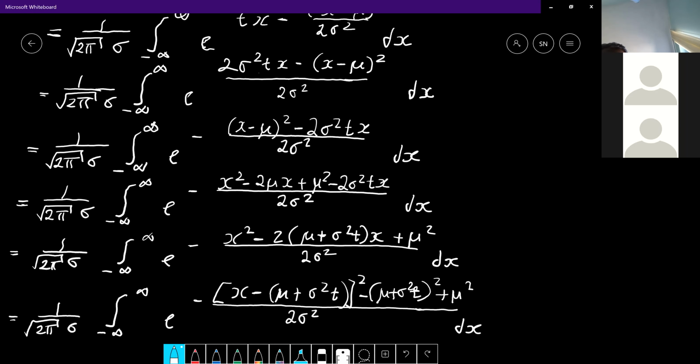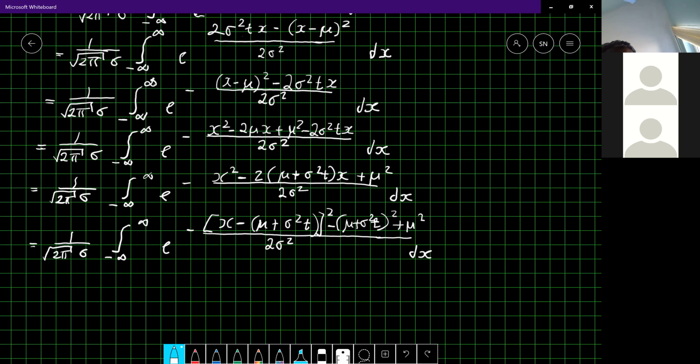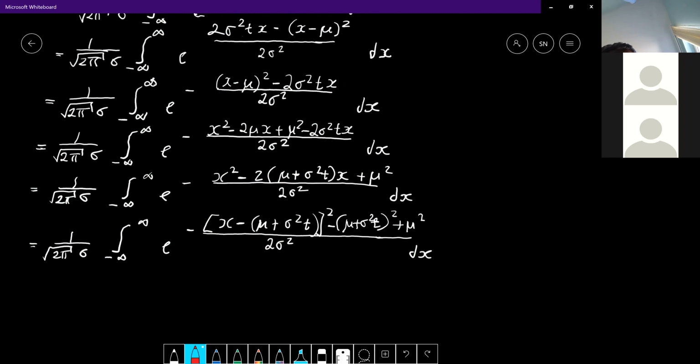This trick, this step here, is known as the completion of squares.